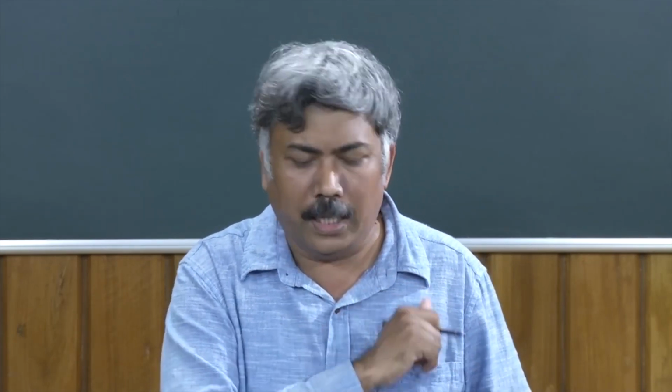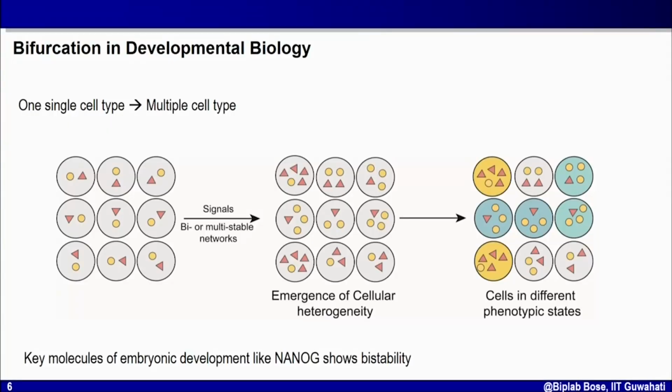Let us imagine initially I have a homogeneous population expressing this yellow protein and this red colored protein in triangle shape. It is a homogeneous population. Now these proteins are controlled by a network or circuit which shows, suppose, bistability or multistability.